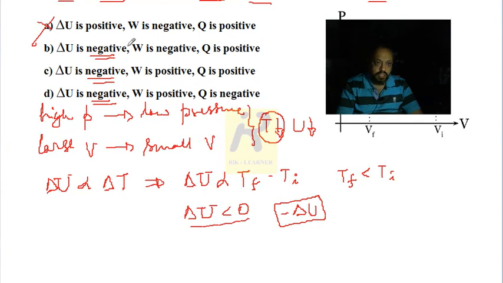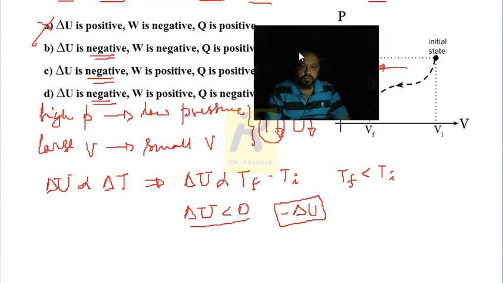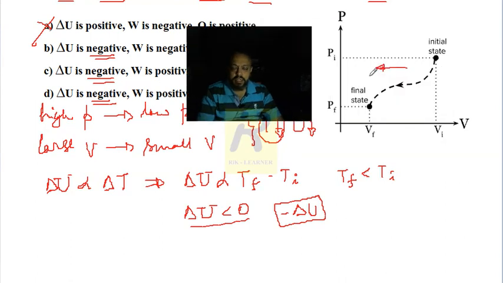Now three choices are left, and I have to choose the correct one among these three. Let my concentration be on W, that is work done. Since the curve is moving from right to left, work done is positive.